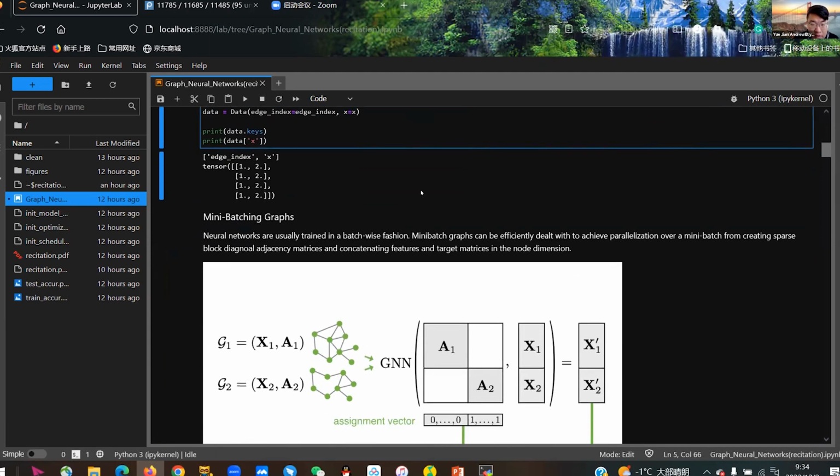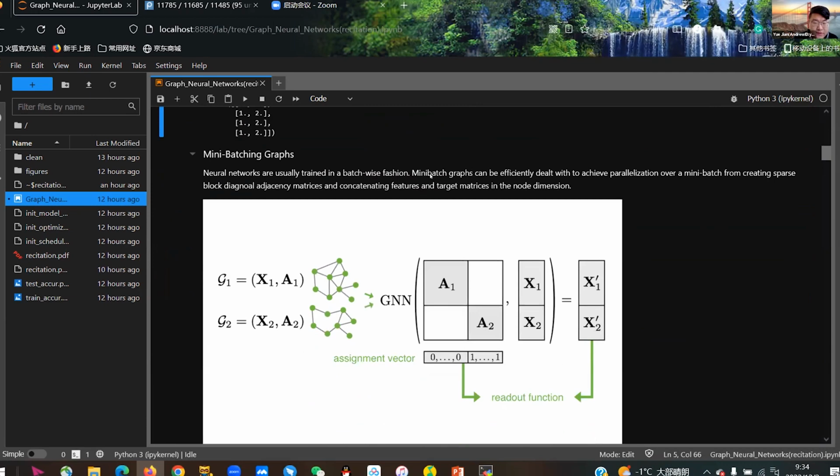And another issue is how to store a batch of graph data. The way PyTorch Geometric does it is, for a batch of graphs, because it has an adjacency matrix and the node feature matrix, for the node feature matrix, we can just directly concatenate them along a certain dimension.